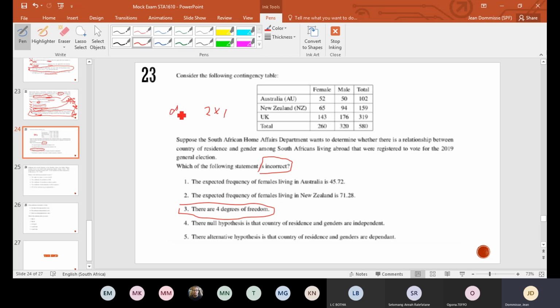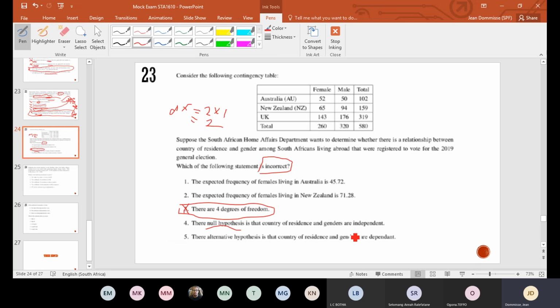So degrees of freedom should be equal to 2. Okay, so that's your incorrect one. I always look at degrees of freedom first before I even start making other calculations. But let's look at the other options.